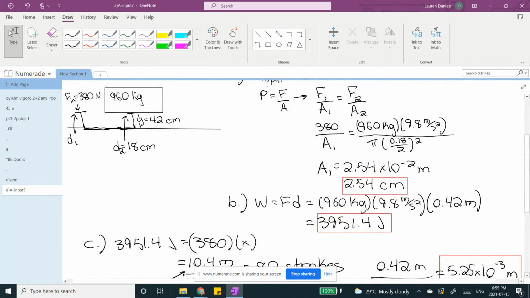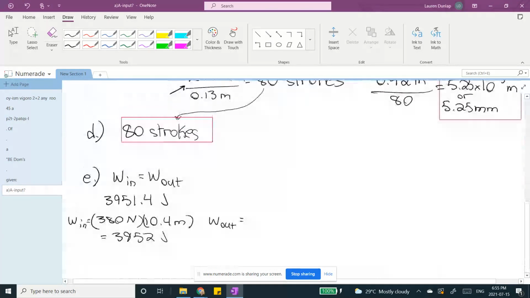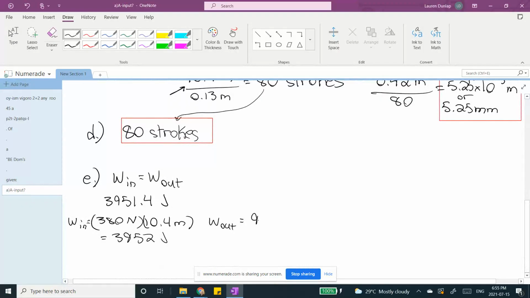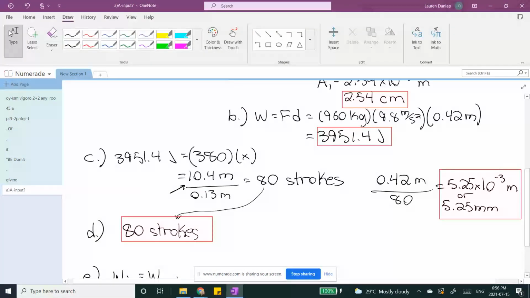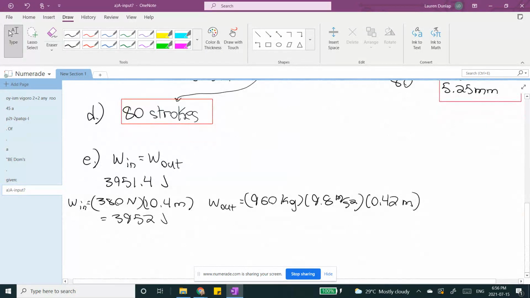It's the 960 kilograms times 9.8 meters per second squared times the 42 centimeters, so 0.42 meters. And this is literally the equation we used to calculate work initially. So it is 3,951.4 joules.